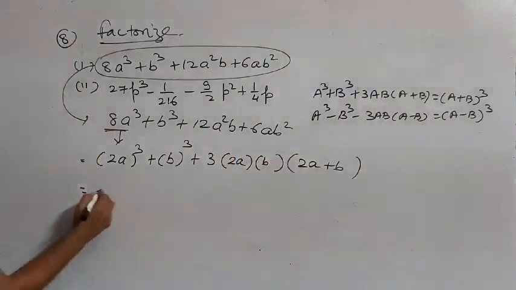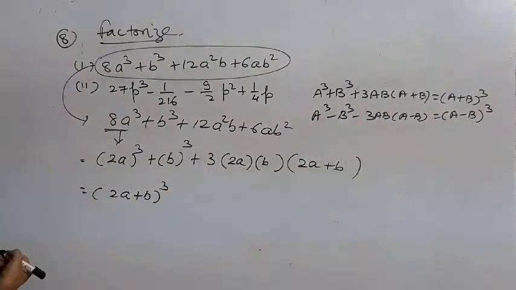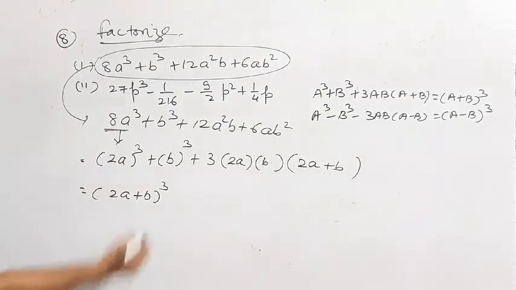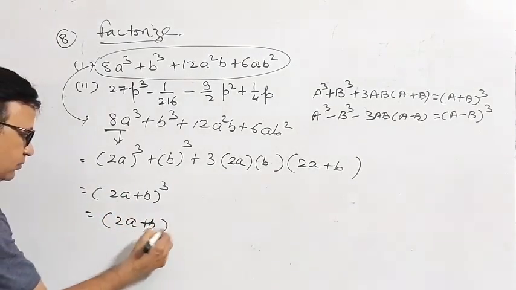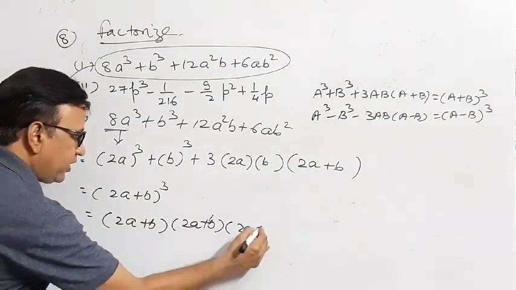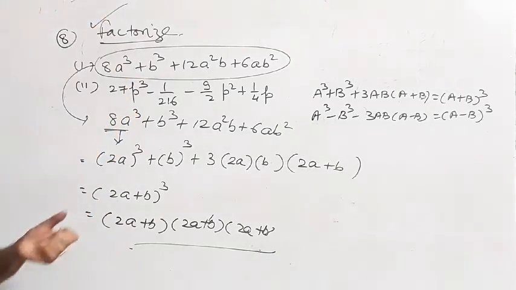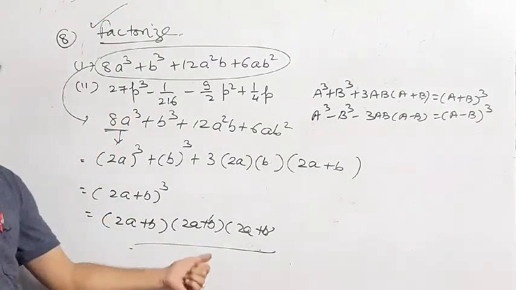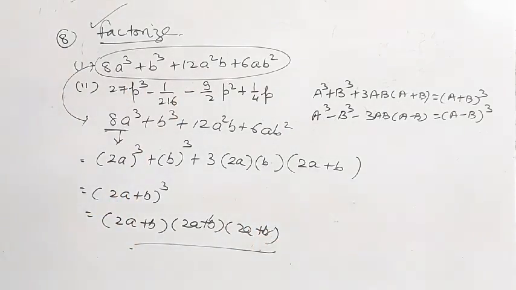So it becomes (2a plus b) whole cube. So just write 3 times (2a plus b), right? (2a plus b) and (2a plus b), because we are finding the factorization. So write 3 times. These are the 3 factors of this given question.